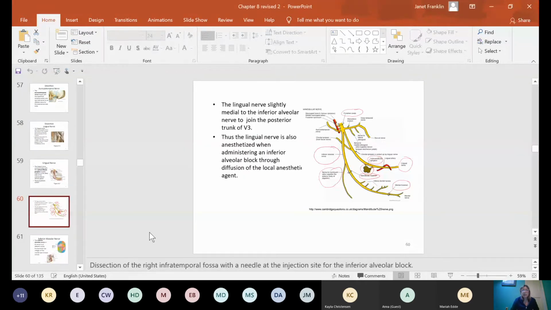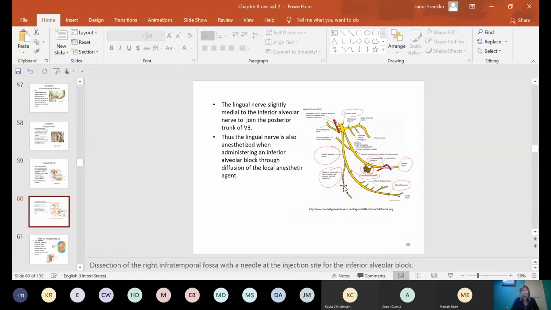So here's a picture on slide 60 that shows the divisions. You've got your inferior alveolar nerve. Your inferior alveolar nerve is the big one that you're going to anesthetize. It breaks out to the mental incisive nerve right at the mental foramen.